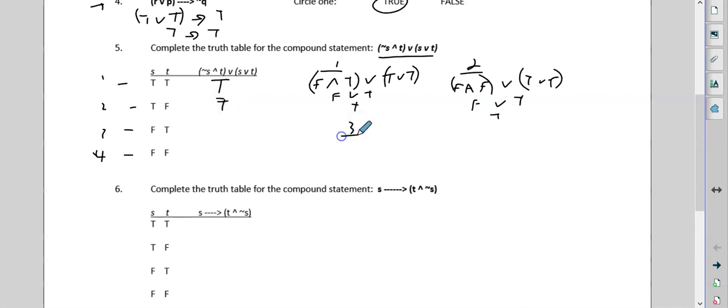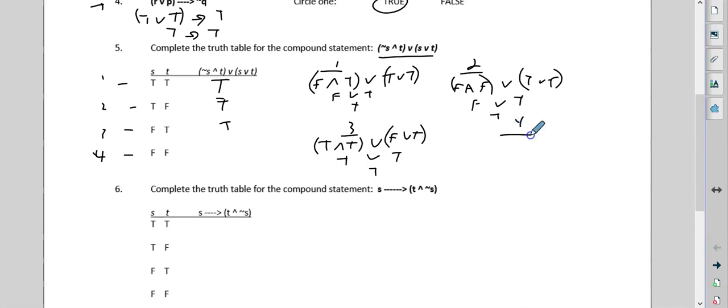All right, situation 3, using F and T. So not S would be true, and true, or false, or true. Well, T and T is true, or true, which leads to true.